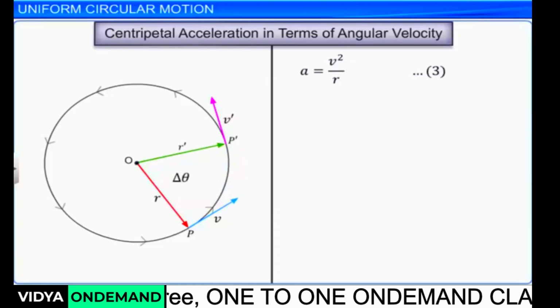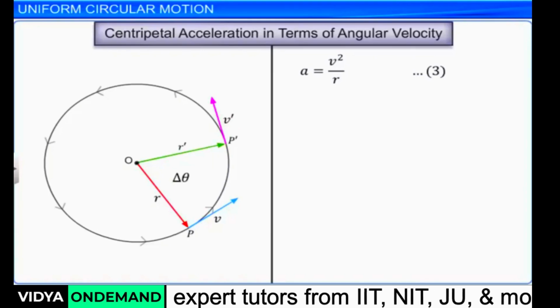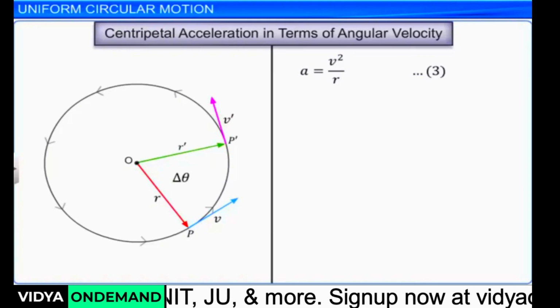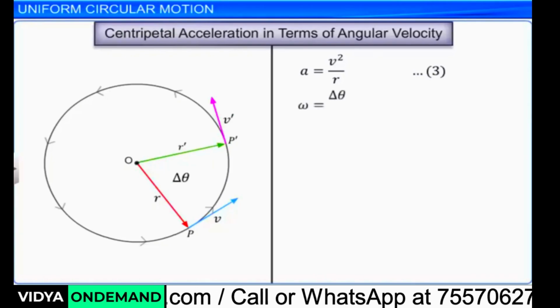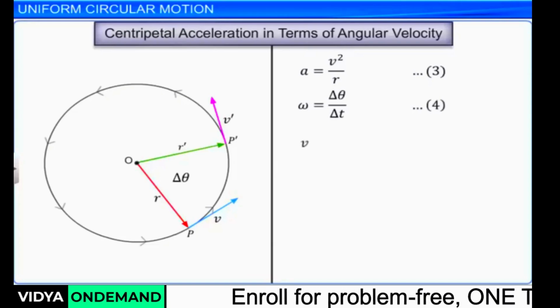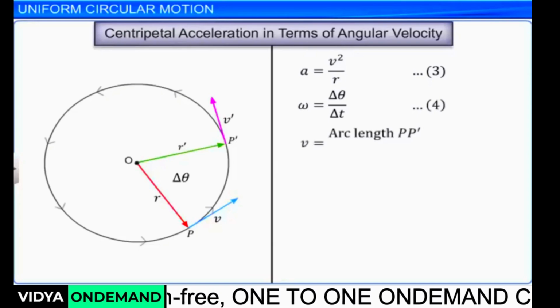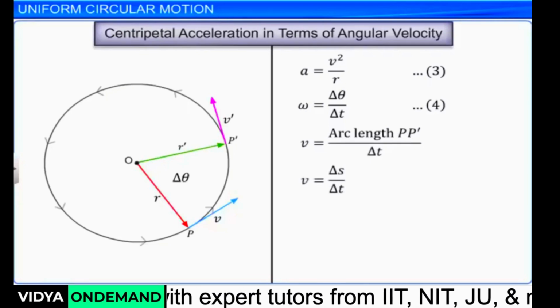Let this be equation 4. V is equal to arc length PP dash by delta t, which is equal to delta S by delta t. Let this be equation 5. Delta S is the arc length, which is R delta theta. Let this be equation 6.